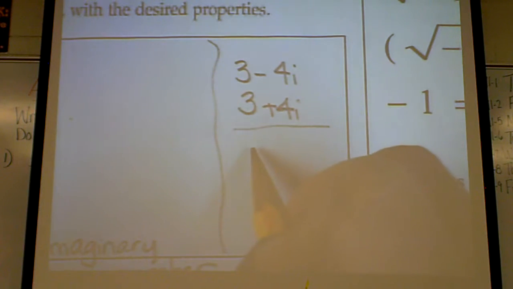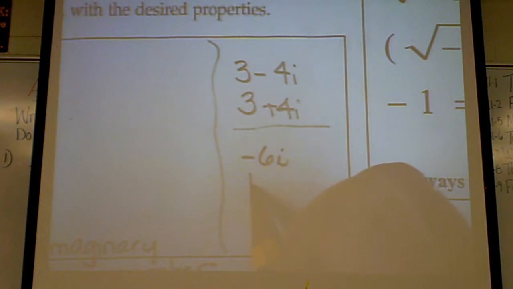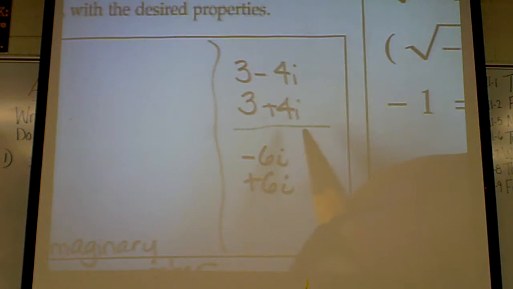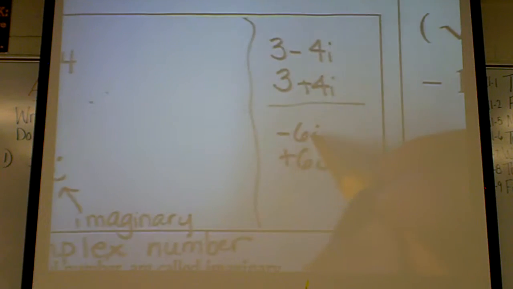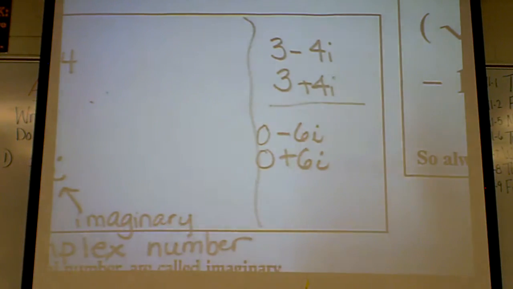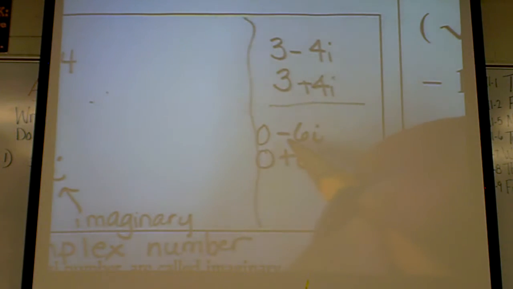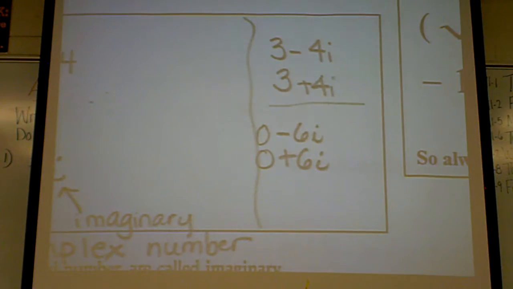If I gave you -6i is a solution, you're going to get a positive 6i also. And by the way, for this one, what is the real number? It's 0. It's 0 plus or minus. This is also a real number, and the i is your imaginary number.